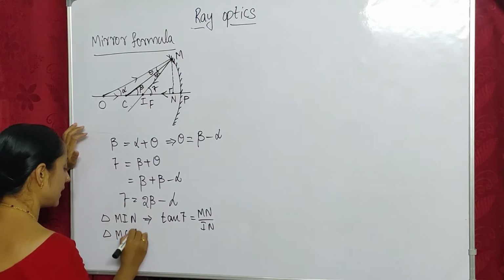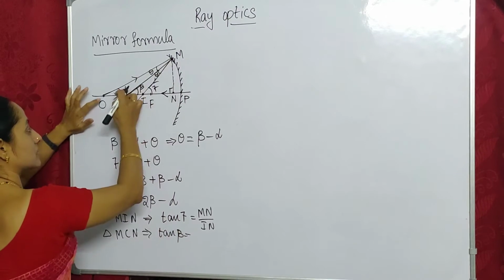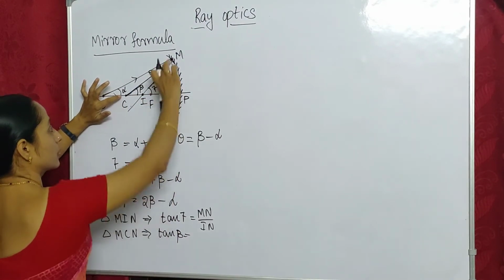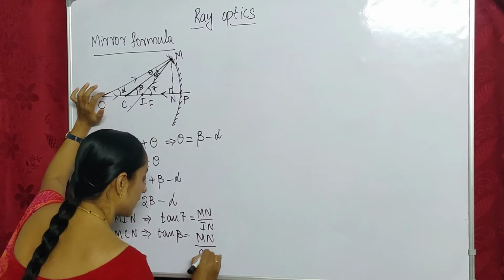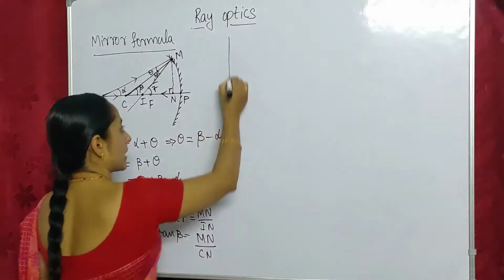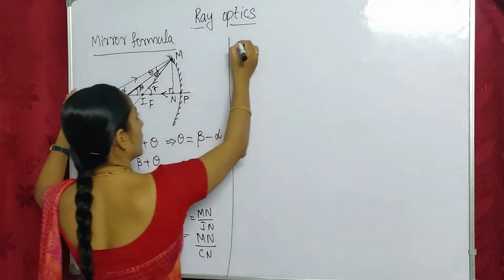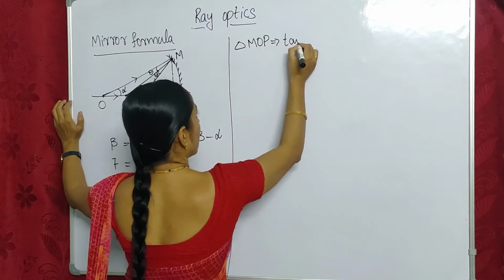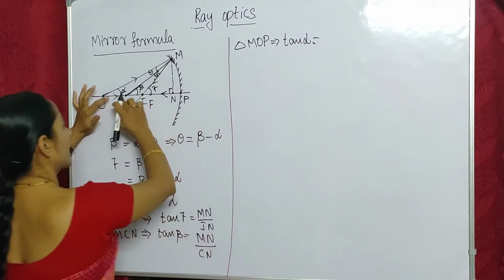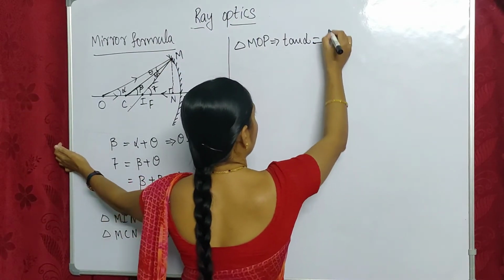From this, tan beta is equal to MN by CN. Next, what is the other right angle triangle? Triangle MOP. From this, tan alpha is equal to opposite side by adjacent side, MN by ON.